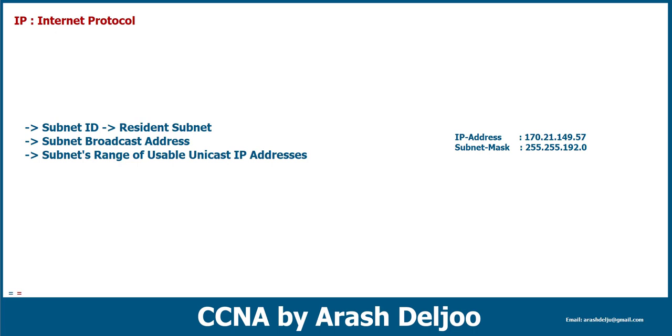Assume that you have one IP address. For example, in your working environment, you are receiving one IP address, 170.21.149.57, with the subnet mask of 255.255.192.0. This is the IP address and subnet mask that you have.